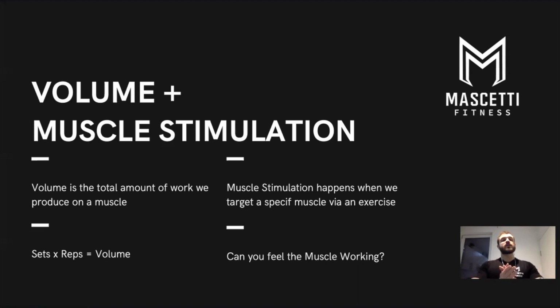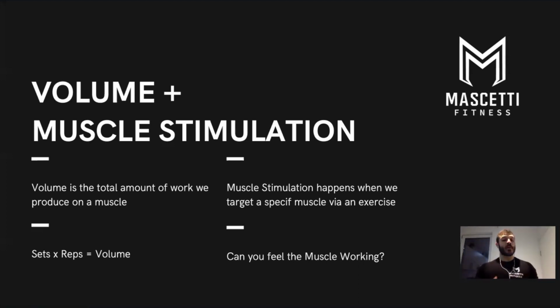And so there are two things that will make this happen, right? So how do you grow? How do you break the muscle down? There are two things that will influence this. One is volume and one is muscle stimulation. So what is volume?